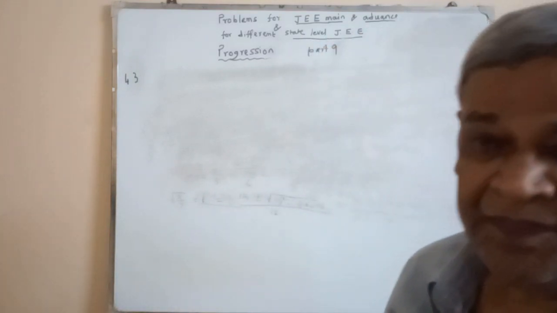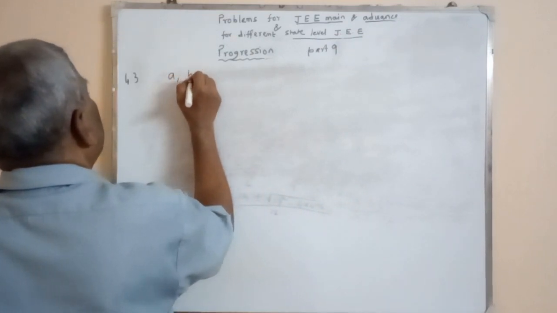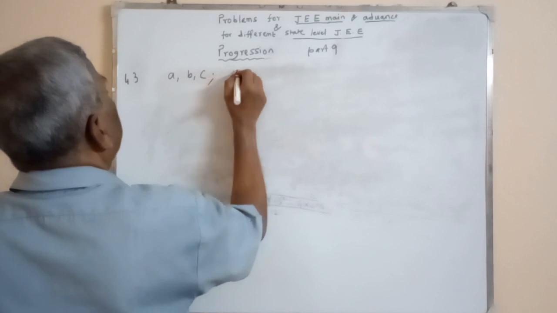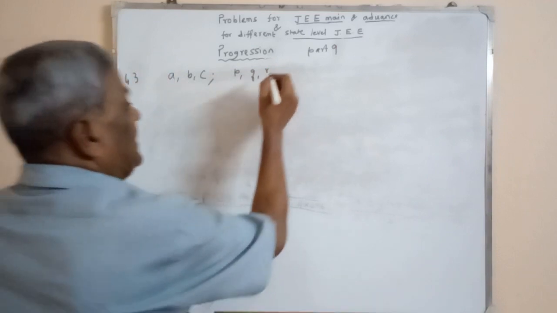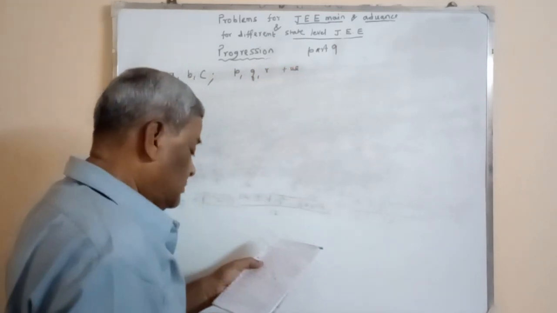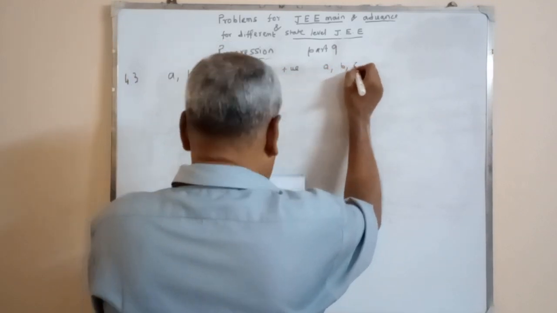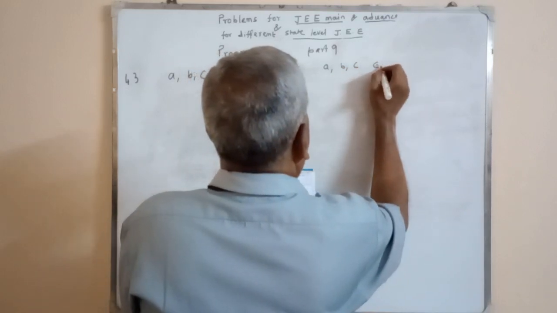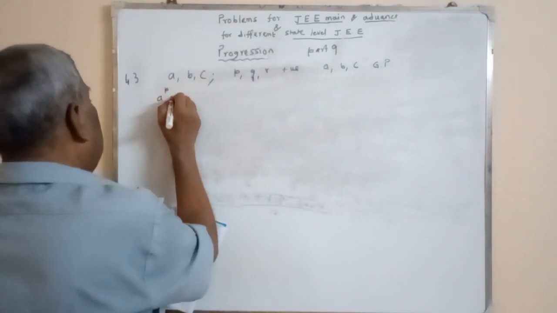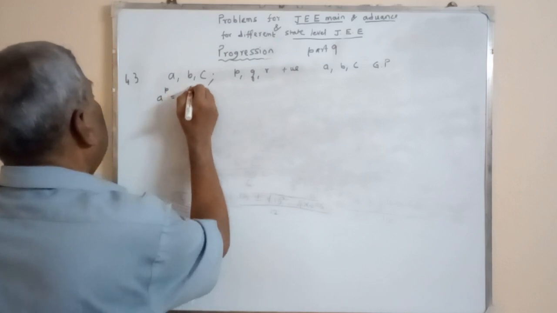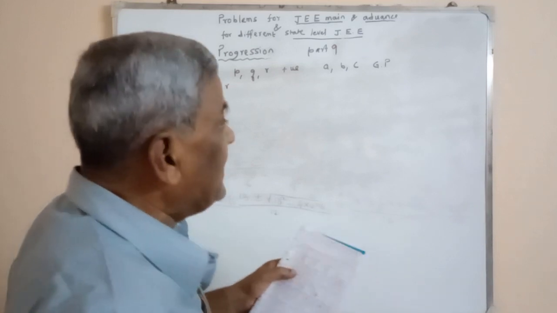If A, B, C and P, Q, R are positive real numbers such that A, B, C are in GP and A to the power P is equal to B to the power Q is equal to C to the power R, then which one is correct?